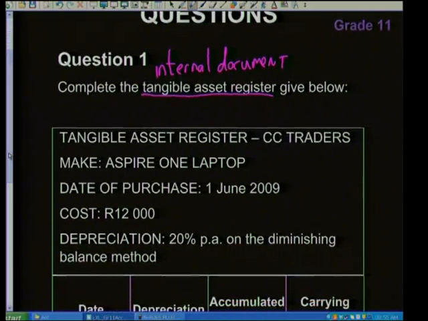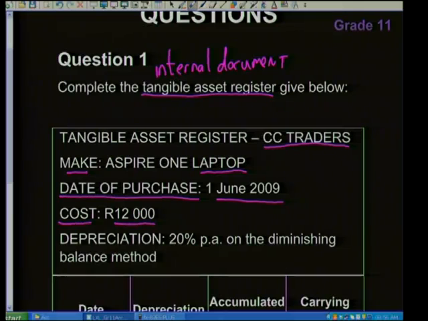Okay, so we're given the tangible asset register for a business called CC Traders. The make of the asset is a laptop. Date of purchase is given to us as well. So the date of purchase is on the 1st of June 2009. The cost also given to us at 12,000.